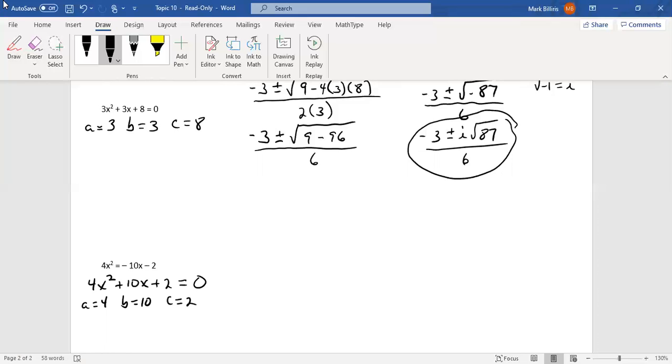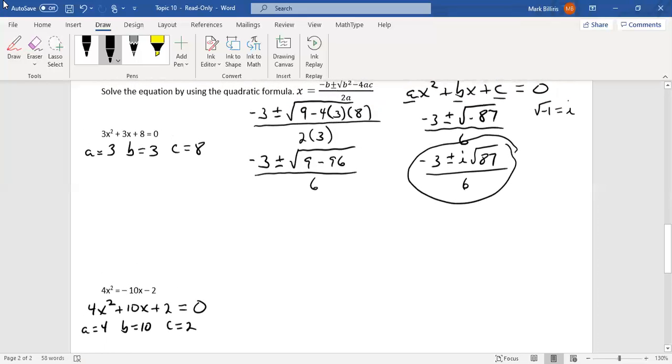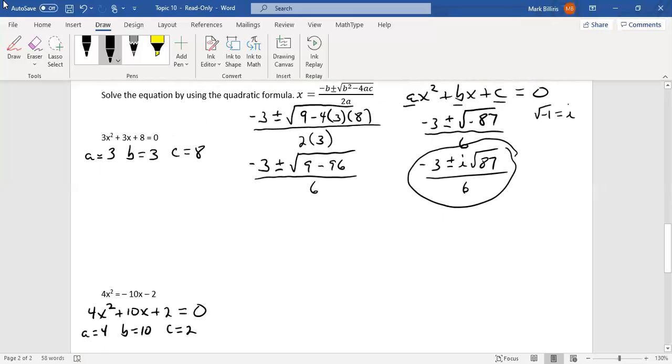So now we're going to plug that into our quadratic formula. So we start with the opposite of b. So the opposite of 10 is negative 10, plus or minus the square root of b squared. So when I square 10, 10 times 10 is 100, minus 4 times a, which is 4, times c, which is 2, all over 2 times a, and 2 times a being 2 times 4 in this case.